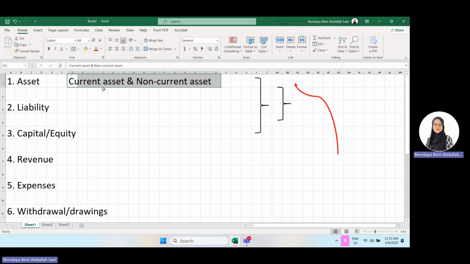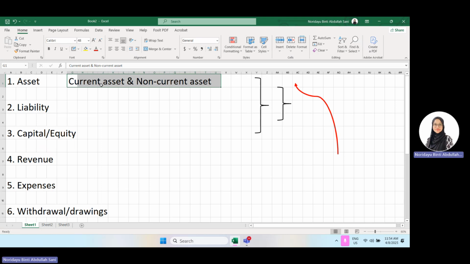What are the examples of current assets? Cash, the bank accounts, trade receivables or account receivables, and prepayments. Later in your syllabus you will see these prepayments. For the basic principles, I won't touch much on these prepayments or accruals.